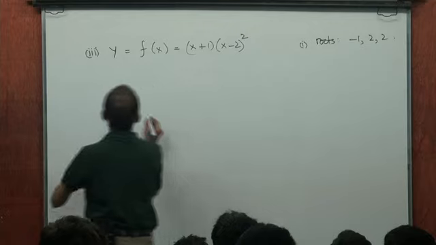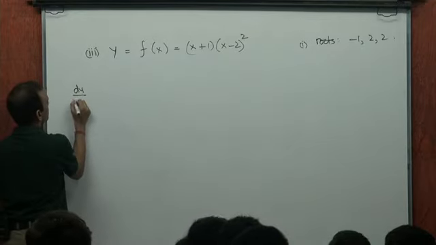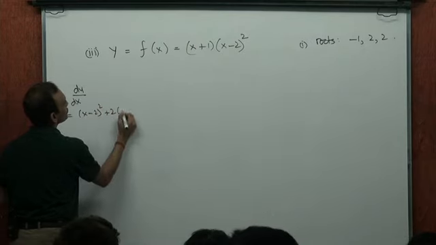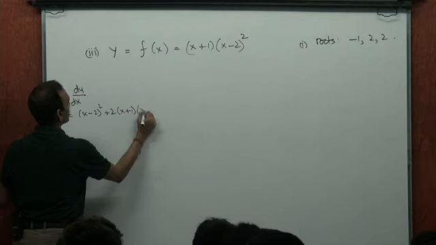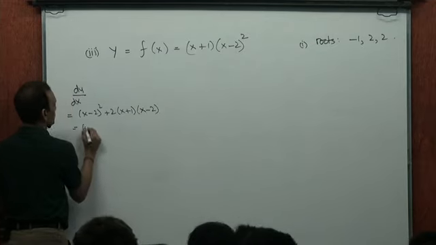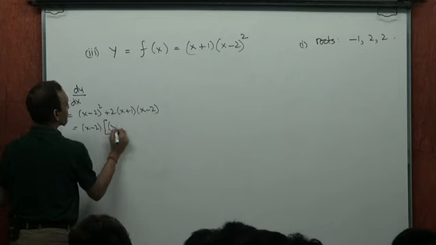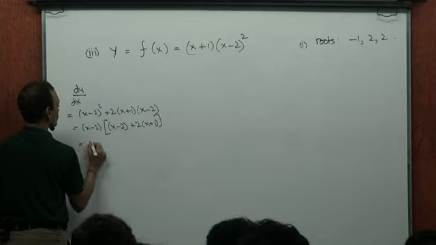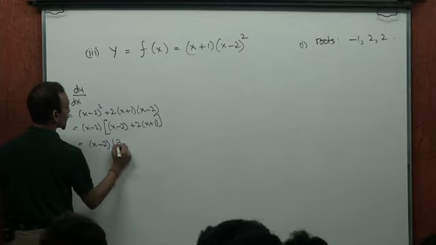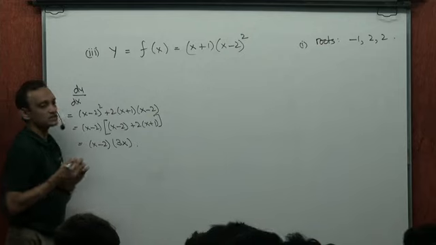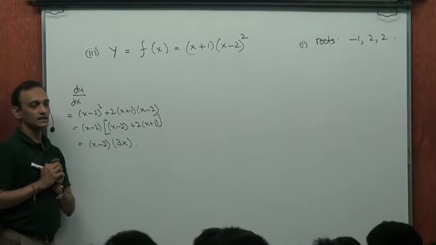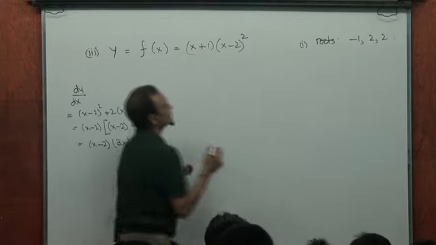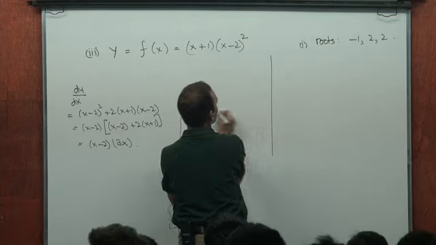Check that. dy/dx is (x minus 2) whole squared plus 2 into (x plus 1) into (x minus 2), which is (x minus 2) into (x minus 2 plus 2 into (x plus 1)), which is 3x. That's dy/dx. So one thing, the roots are minus 1, 2, 2.